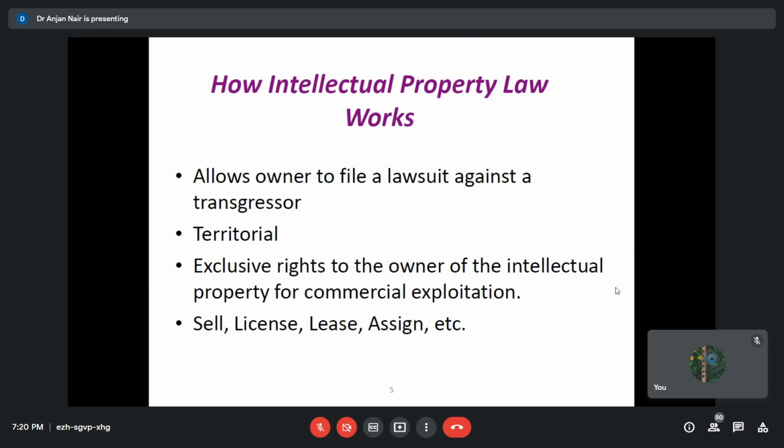By having an IP, especially in the case of patents, it's a way of getting an additional income. Of course, your patent has to have some commercial worth. Even for any invention you might get a patent, but if it is not worth a large commercial distribution, then you may not get that much money. But otherwise by having a patent or a copyright, you are getting a commercial value also. So it's an additional source of income for you.